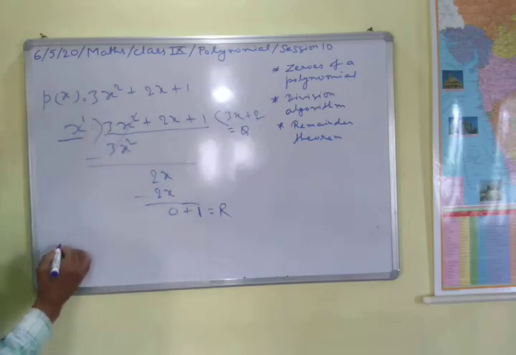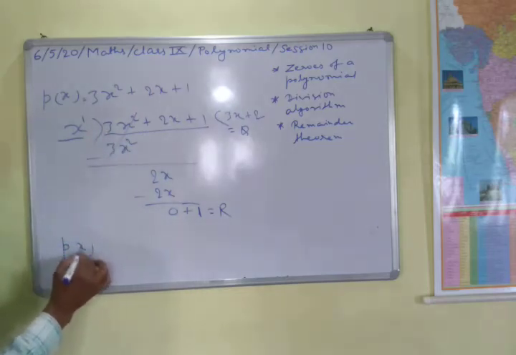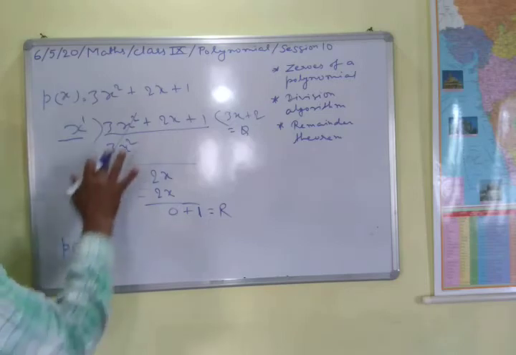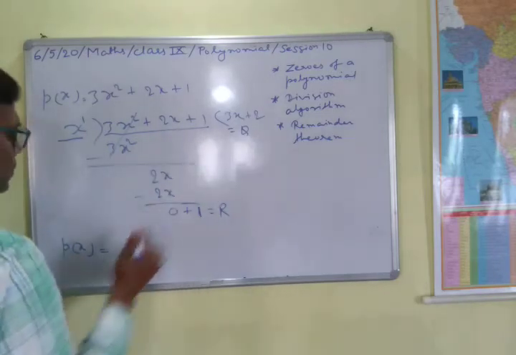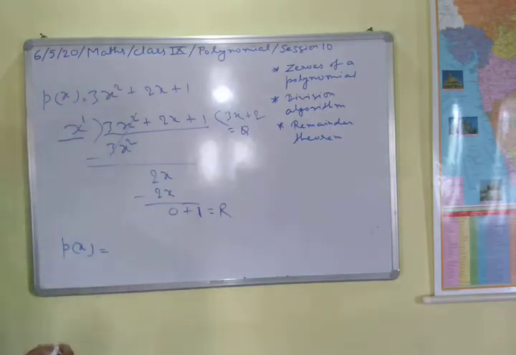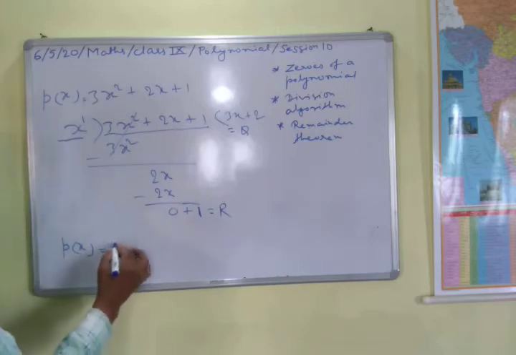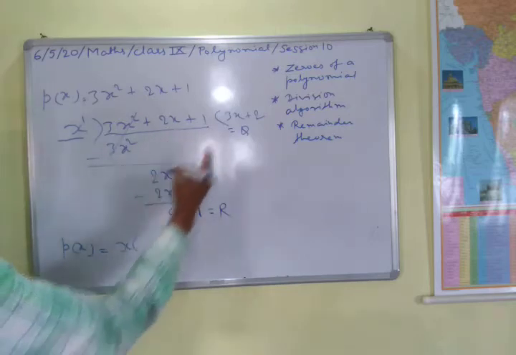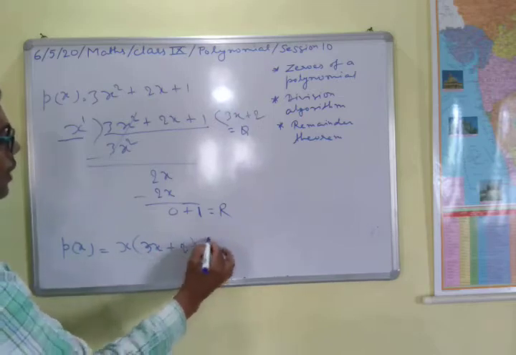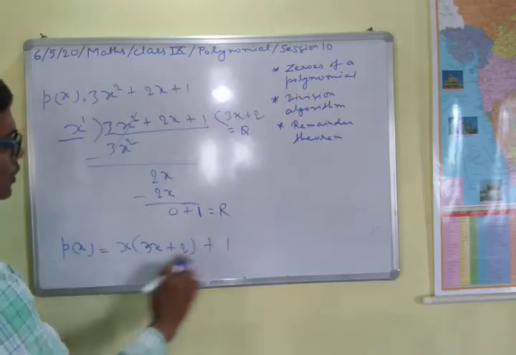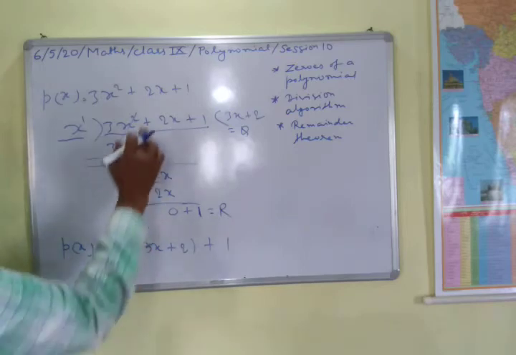Again you can see that p(x) is equal to dividend equal to divisor, that is x, into quotient, that is 3x plus 2, and the remainder is 1. Now if you solve this, you will get the same thing.